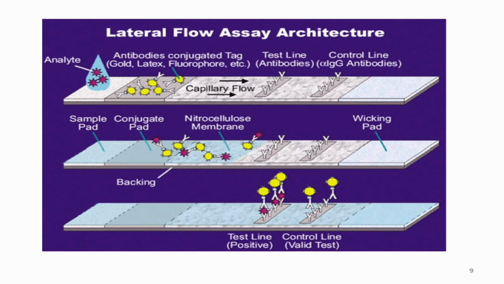The chemicals aren't going to stay there very long to give you the really nice clear line for color change. Everything's going to keep flowing. Those antibodies are going to get caught here. And in fact, we are still going to get a positive line that tells us that this worked. And this is all shown on this slide here as well. The same basic idea of what's going on.